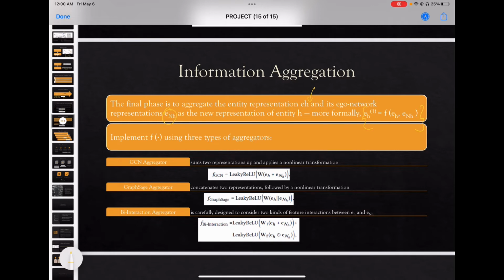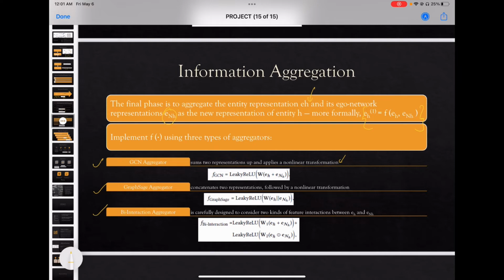The first one is a GCN aggregator, where the aggregator sums two representations up and applies a nonlinear transformation called leaky ReLU, which is a common transformation. The next aggregator is a GraphSage aggregator, which concatenates two representations followed by a nonlinear transformation.